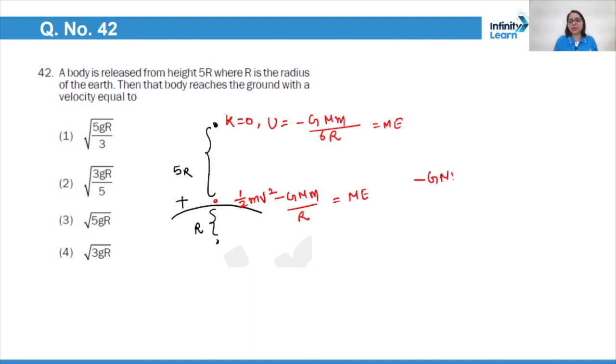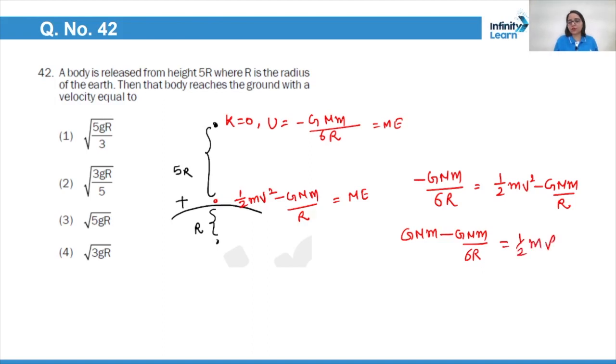So you can write minus GMm upon 6R is equal to final mechanical energy, half mv square minus GMm upon R. So it will give you GMm upon R minus GMm upon 6R is equal to half mv square. So we have 5GMm upon 6R, and that is equal to half mv square, cancel.